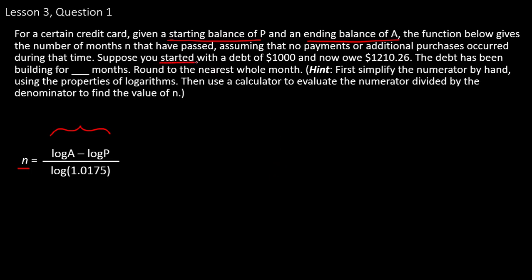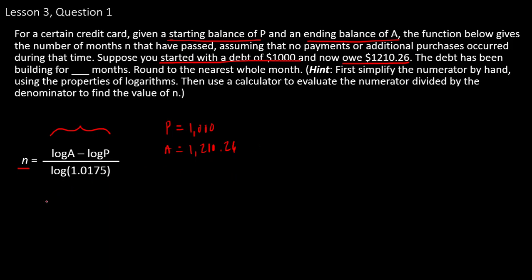So it says I started with a debt of 1,000, which means P is equal to 1,000. And it says I ended with a debt of 1,210.26, so my A is 1,210.26. So first, I will plug in these numbers for A and P, and then I can evaluate the logarithm.